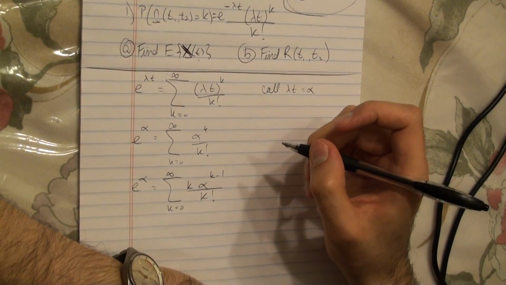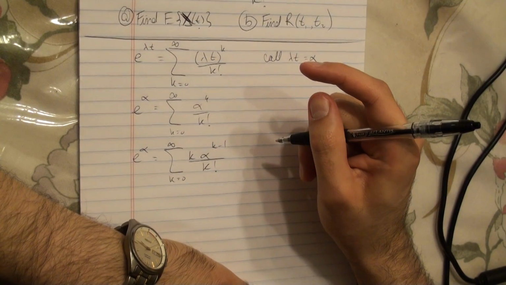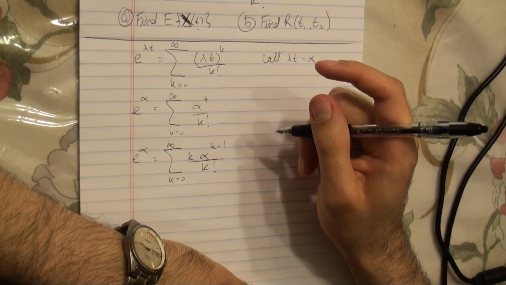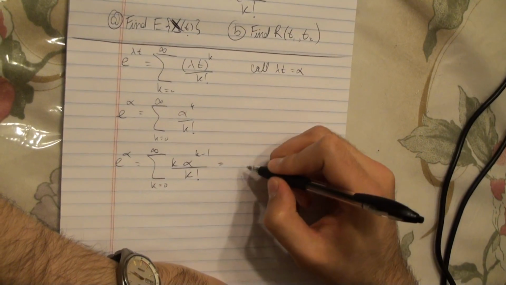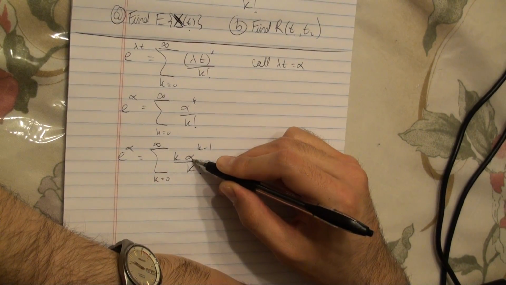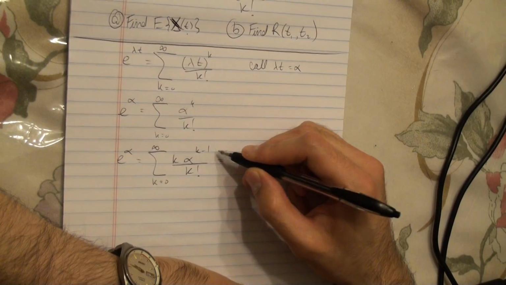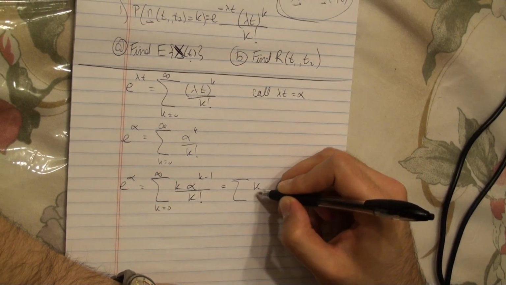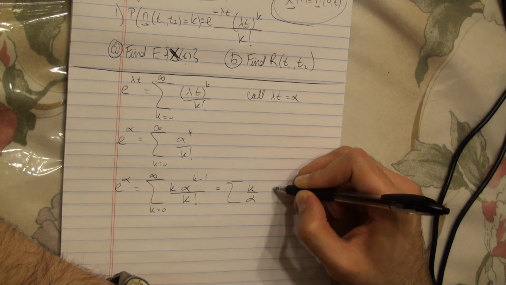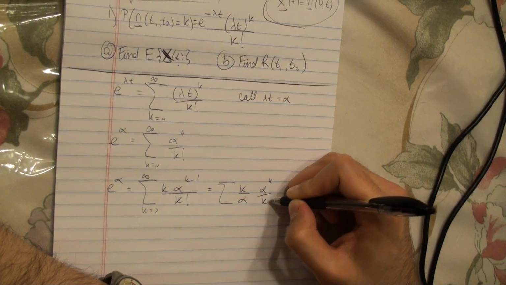We have alpha to the k minus 1, so I can rewrite that as k over alpha, times alpha to the k over k factorial.